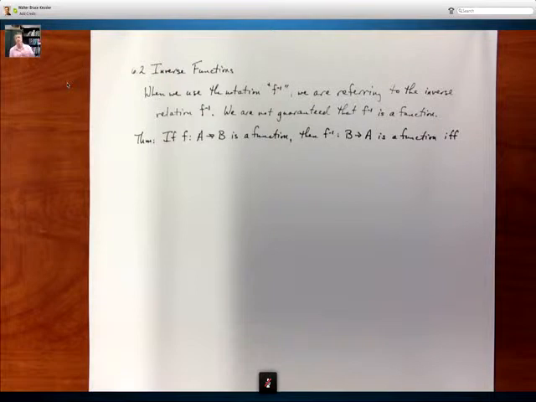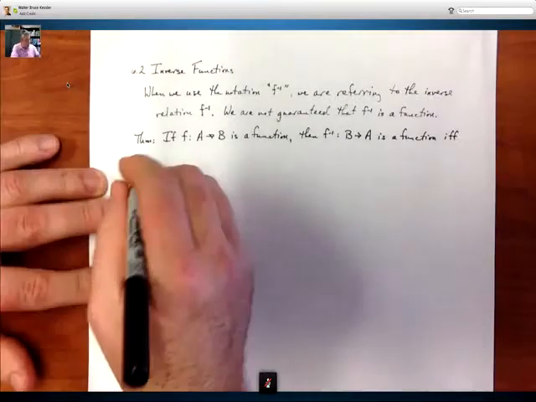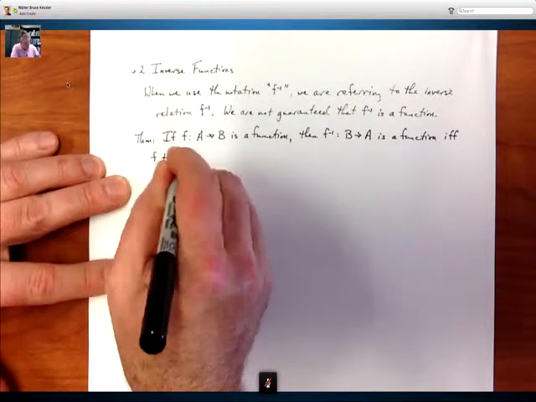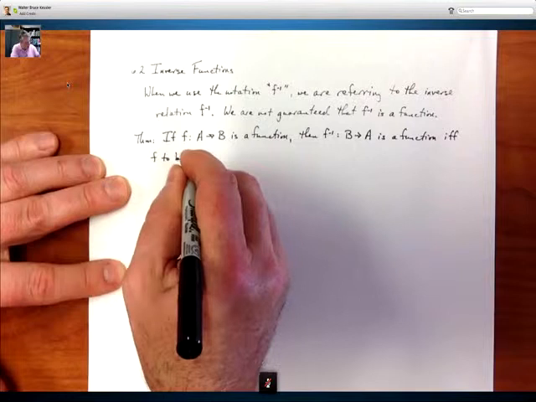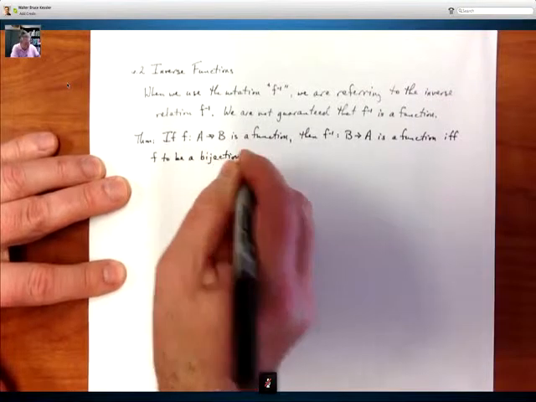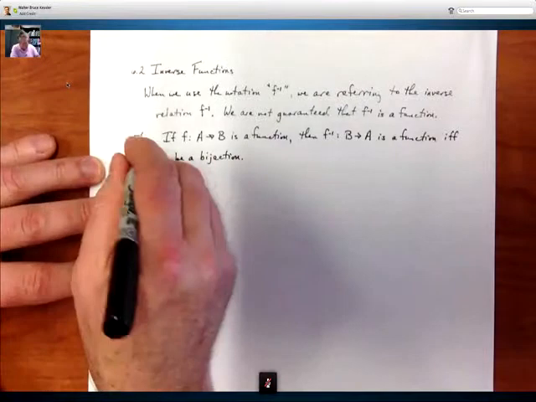But we kind of handled that by limiting the range, so that was less of an issue. In this abstract setting we're working in with A and B, we need f to be a bijection, which means 1-to-1 and onto.